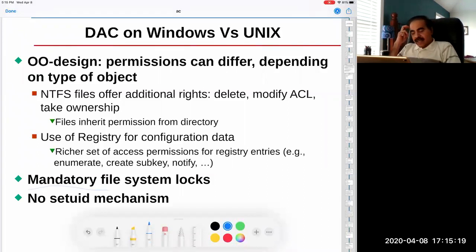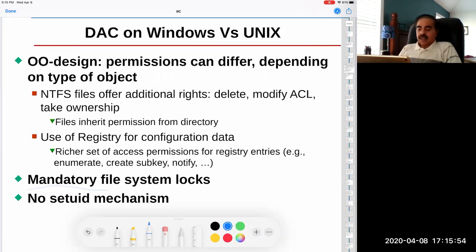This can lead to problems because if there's a process that locks the file and then goes into an infinite loop, then nobody else can access it, which means that you may end up having to reboot the machine. And so on Linux, the operating system designers felt that mandatory file system locks are problematic for this reason.